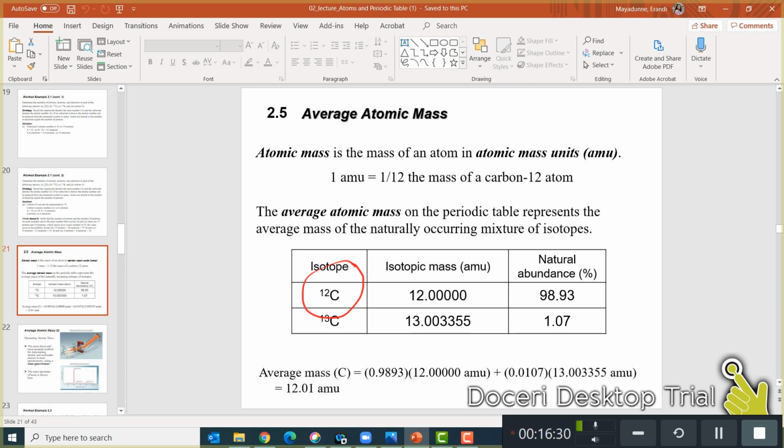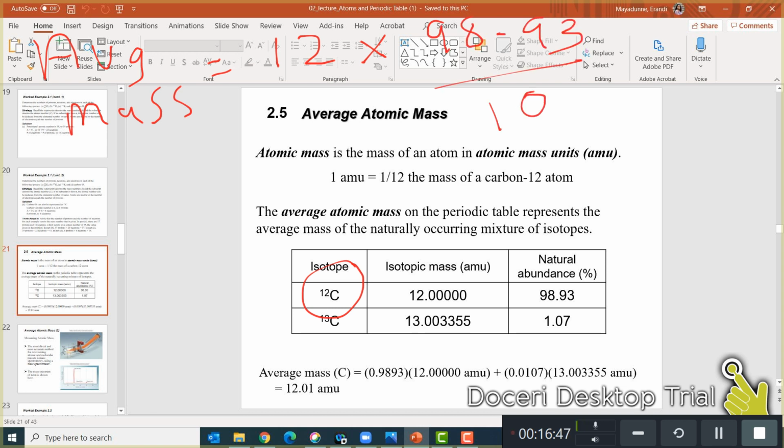In order to find the average mass, you take the mass, which is 12, times 98.93 divided by 100. That's what you see in the PowerPoint as 0.9893. If you divide 98.93 by 100, it's going to be 0.9893.